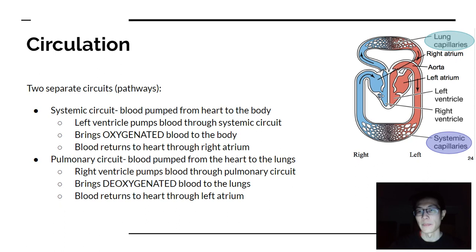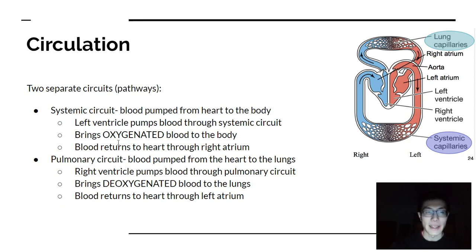And there are actually some vena cavas here that are going to help out with that process. But the blood leaves the left ventricle in the systemic circuit, goes to the rest of the body, and then comes back in through the right atrium.